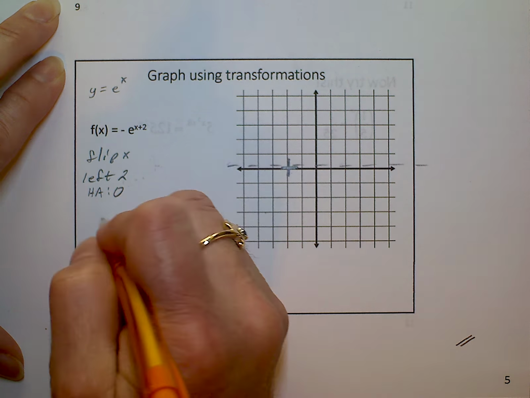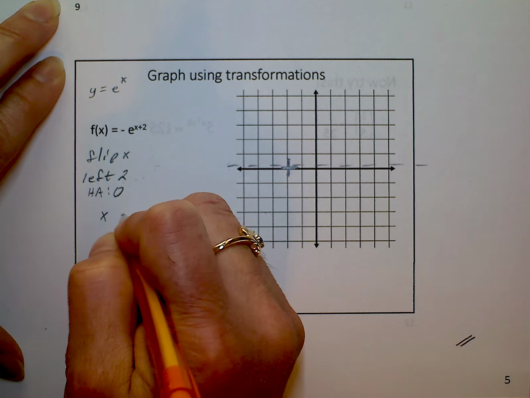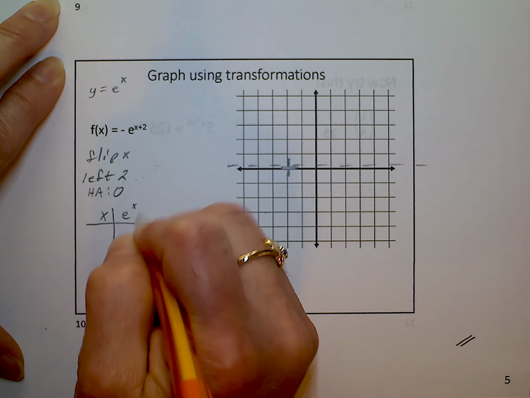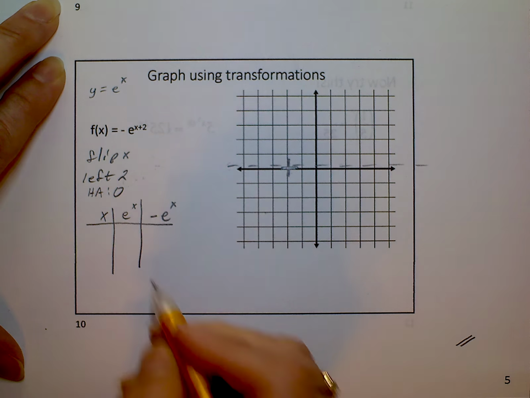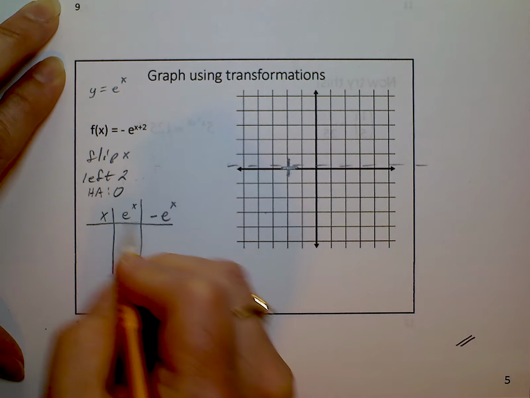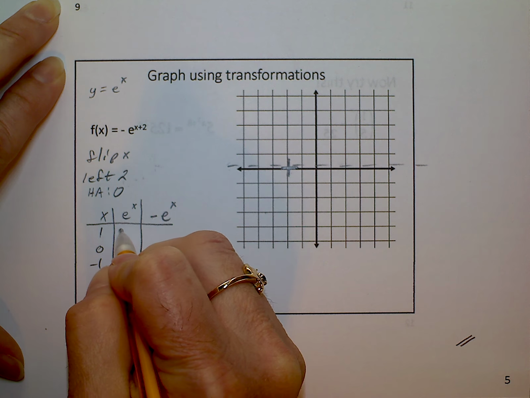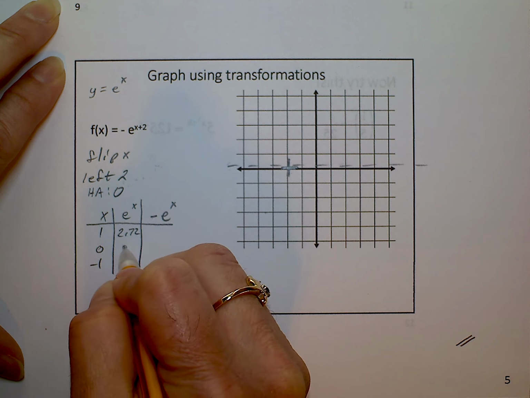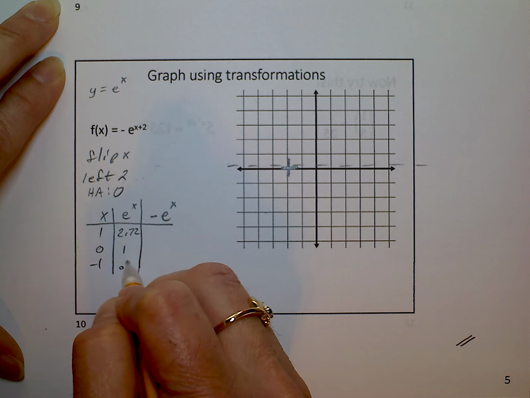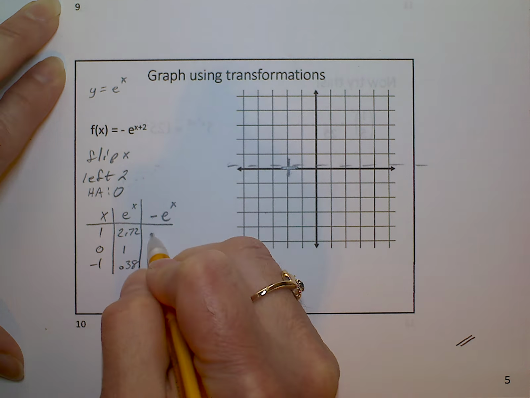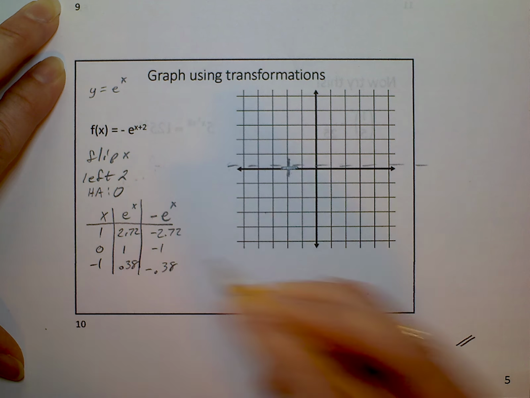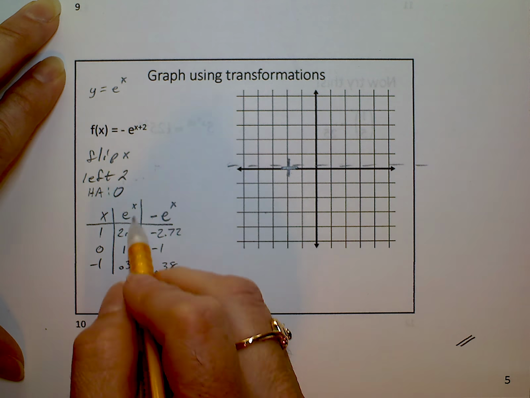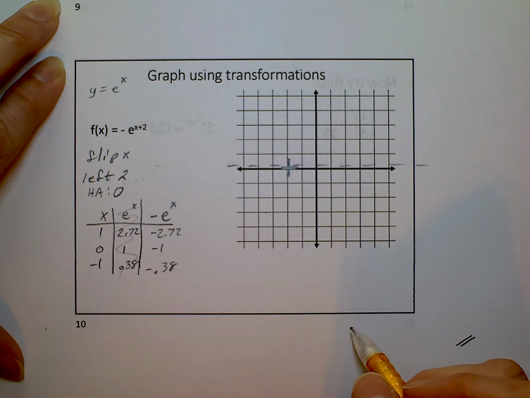Okay? We're going to do our 3 basic points. And this time I'm going to add in a negative e to the x so that it will take care of the flip for us, okay? So, e to the 1, e to the 0, e to the negative 1. Flipping those guys. Flip. Yay. Don't worry about this column anymore. We're flipping.